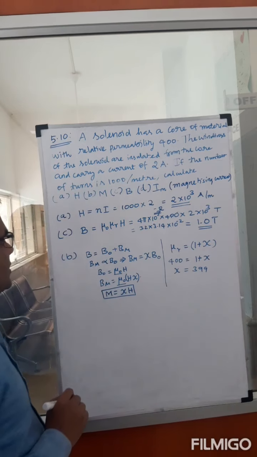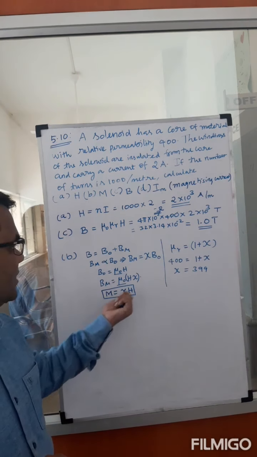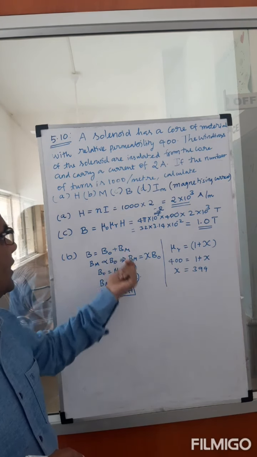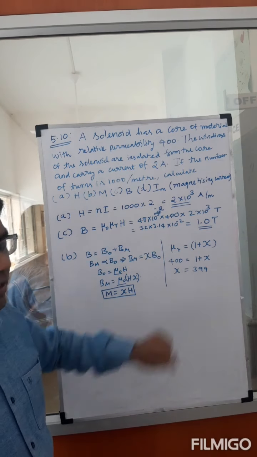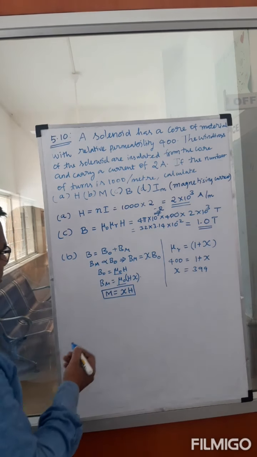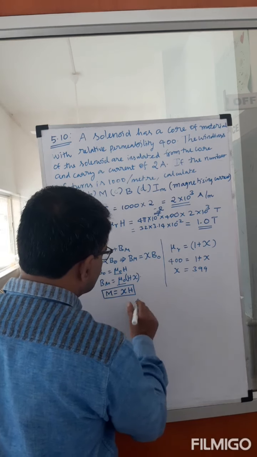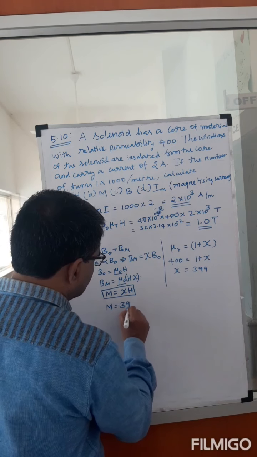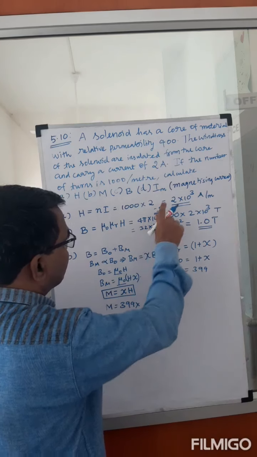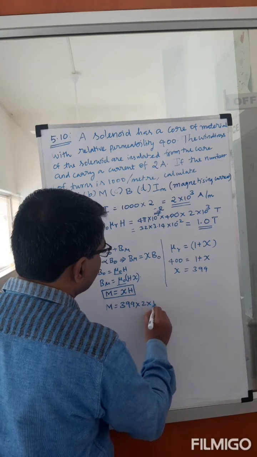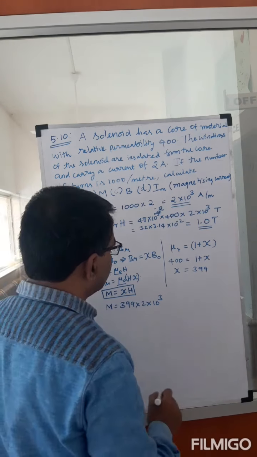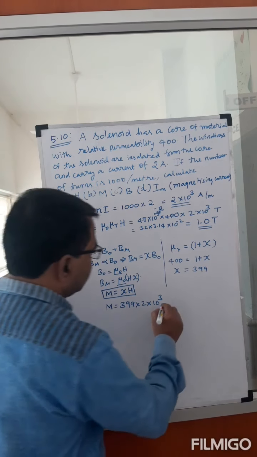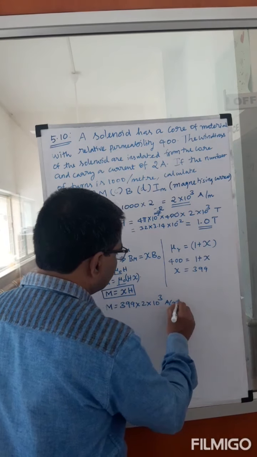And what is magnetization? Very simply 399 into H. You know H and you know this. So what do you get here? The magnetization is equal to 399 into H, which is 2 into 10 power 3 ampere per meter.